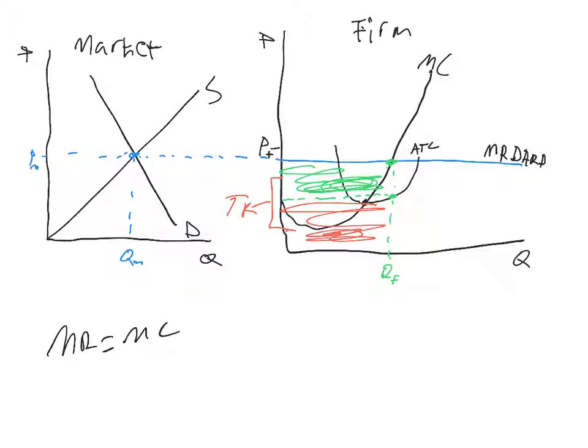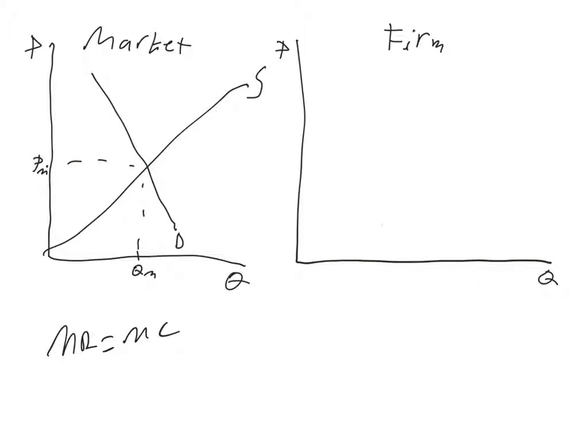The total revenue is found by adding the profit and the cost. In this scenario, this firm is making a profit because the ATC curve is below the Mr. DARP line.